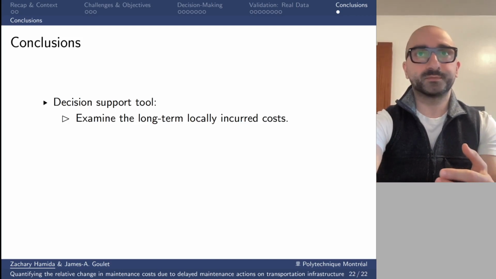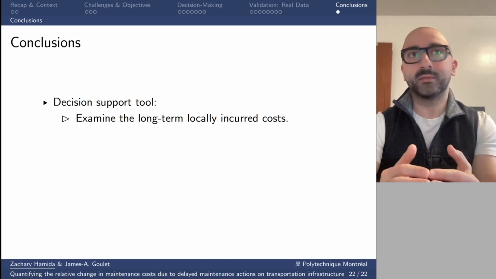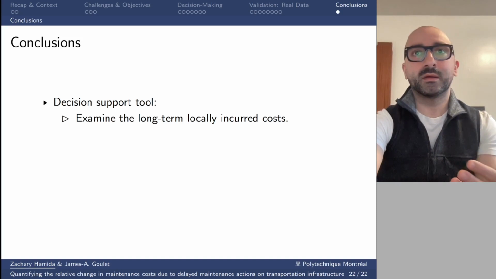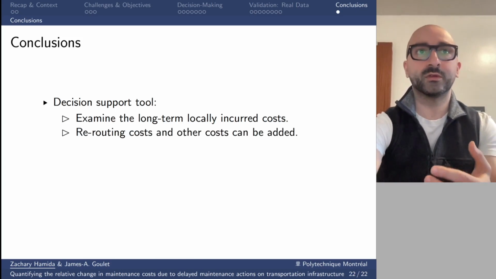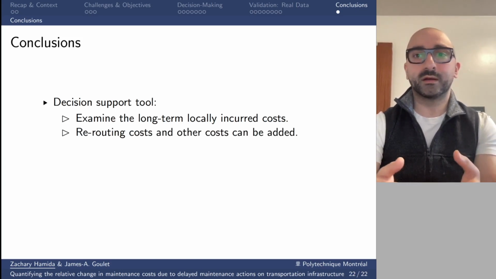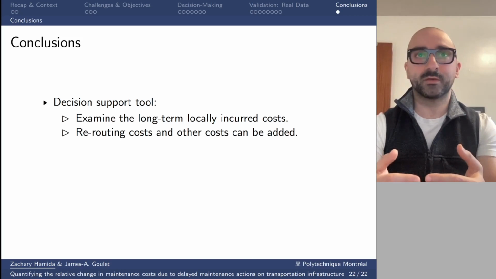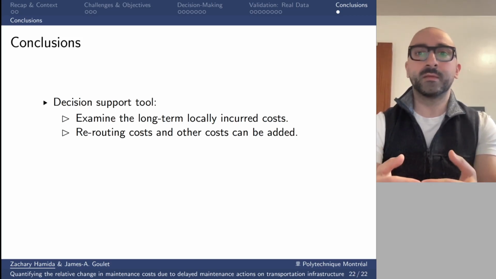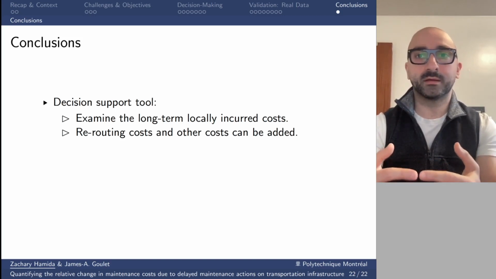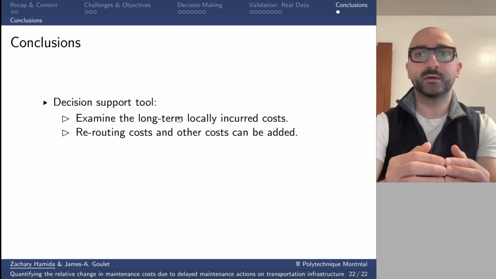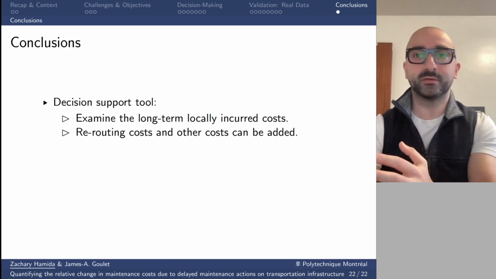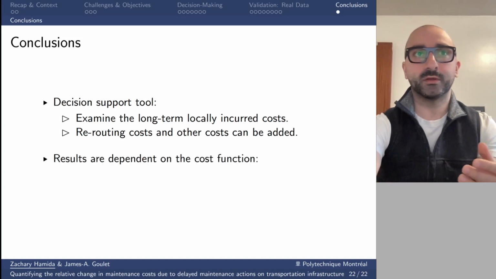Using this tool, we can examine the long-term locally incurred costs for each structural component and each bridge. And if there are other costs associated with maintenance delays, these costs can be integrated into the analysis. The first point is translating deterioration information into incurred cost information.